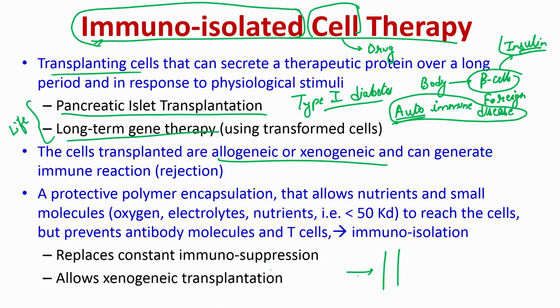You may still need it in the initial phases, but eventually the idea is to not have immunosuppression, and because of that the patient's life will be better than being constantly under immunosuppression and suffering from several diseases. This can even allow xenogenic transplantation to happen. Okay, we will stop here and we will continue the rest in the next class. Thank you.